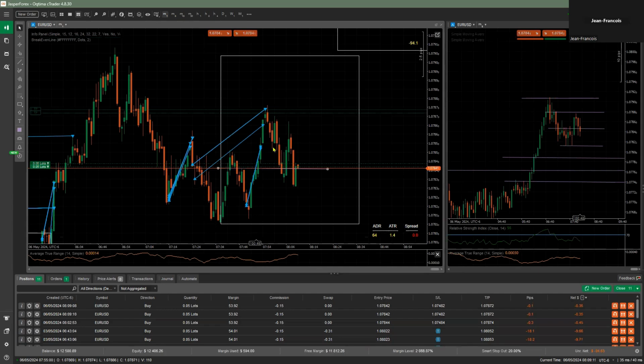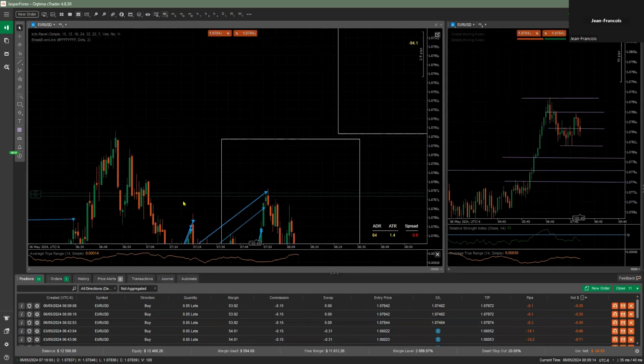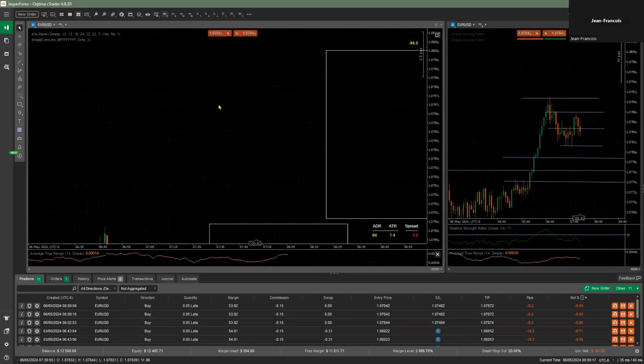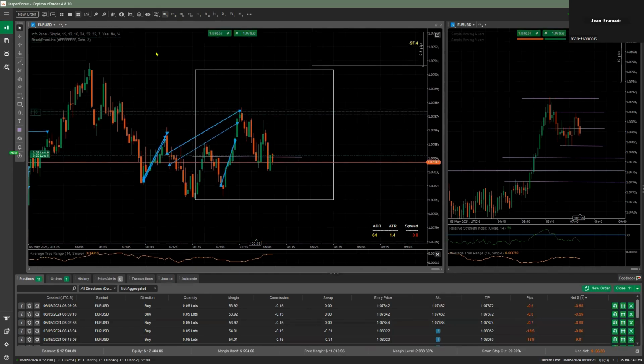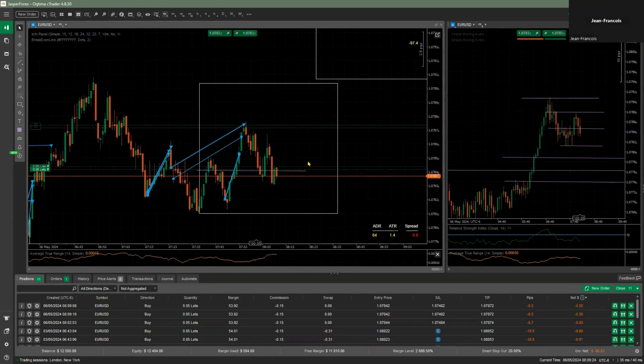So now I have 3 open trades in this box. I still have trades from last week that I'm working with. As a group, this is where we are operating.